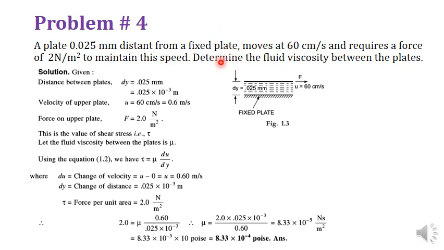If the situation for the fluid system you are analyzing is such that the rate of change of strain is constant and not changing, then you can say that it is a dynamic viscosity.